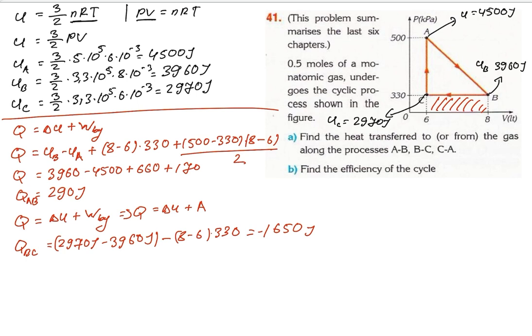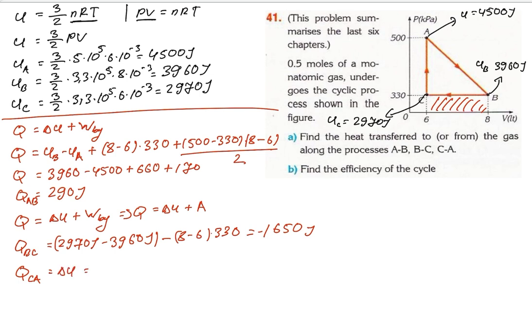And the last one is Q between C and A. So this is the vertical line. That means volume stays constant. That means there is no work done. That means Q between CA is just equal to the change in internal energy.